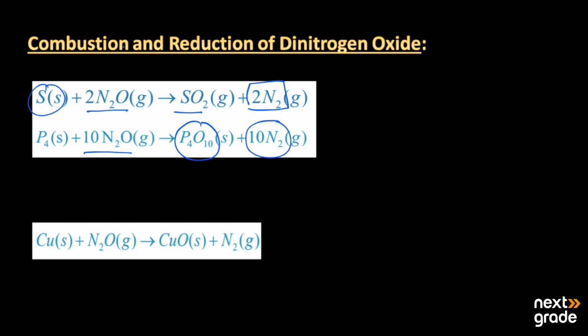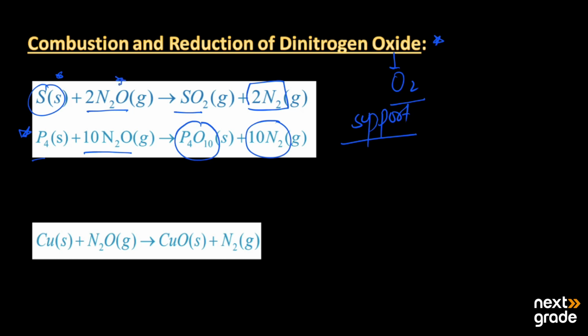Basically, dinitrogen oxide is not combustible, but it somewhat resembles oxygen because it relights a glowing splinter. Similarly, it supports the process of combustion of burning substances such as sulfur and phosphorus. If they are taken in cylinders containing this gas, they start to combust.